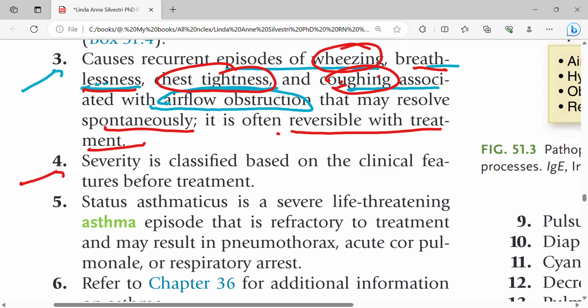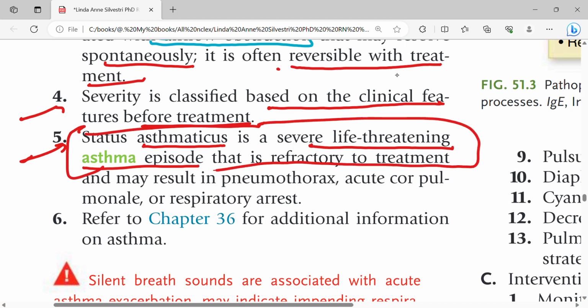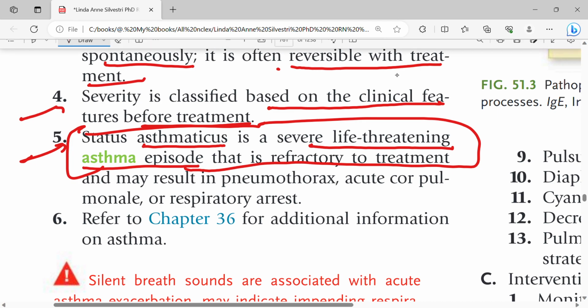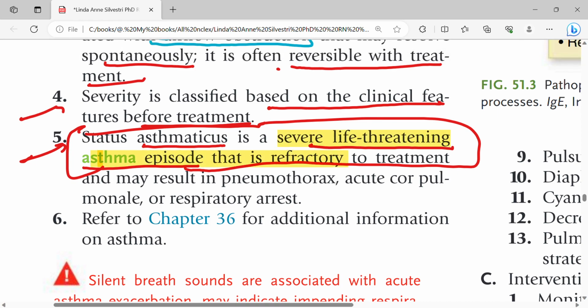The severity is classified based on the clinical features before treatment. Status asthmaticus is a severe life-threatening asthma episode. This is very important.